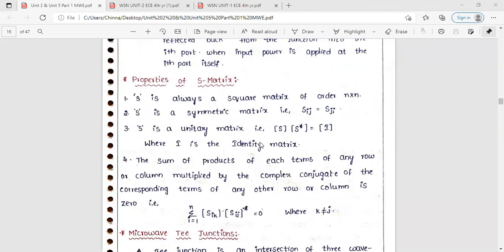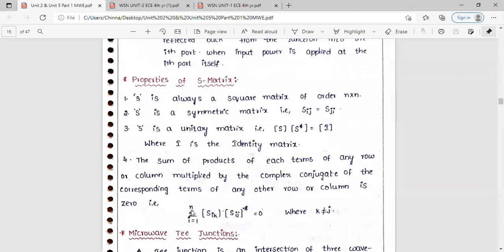S is a unitary matrix, and unitary matrix means there is a unit matrix. So S matrix into S conjugate is equal to I, where I is the identity matrix. So here, whenever you multiply by the conjugate matrix of S, then we will obtain I. So the sum of the products of each term of any row and column multiplied by the complex conjugate will lead to zero.